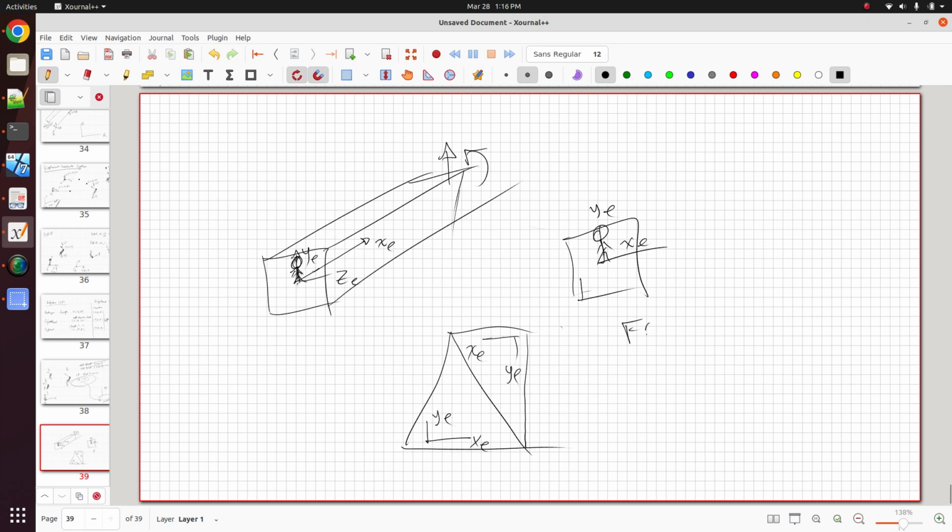When you look at the F06 file, let's say we're looking at the stresses, sigma x, sigma y, and sigma z. Those results are going to be in the element coordinate system.